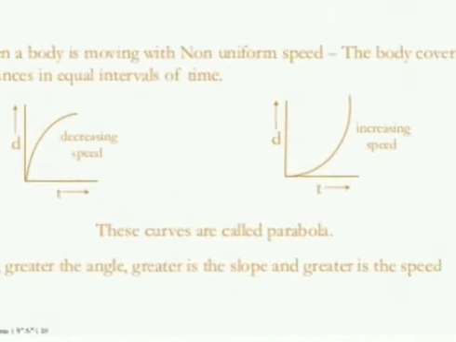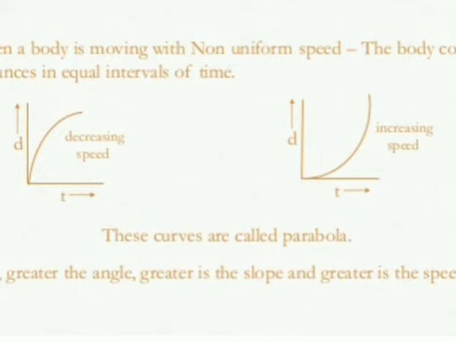Then the third type of graph you can see here is for non-uniform speed. When the body covers unequal distance in equal intervals of time, then such types of graphs can be seen. You can see that a curve is formed. In the first, you can see that decreasing speed is indicated, isn't it?